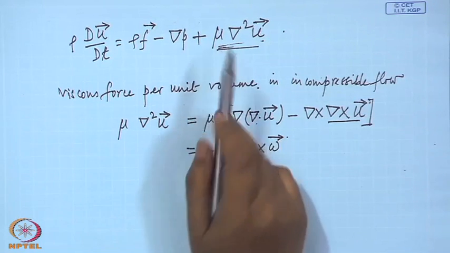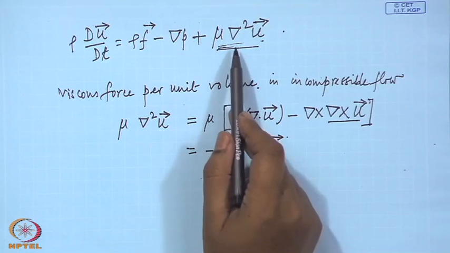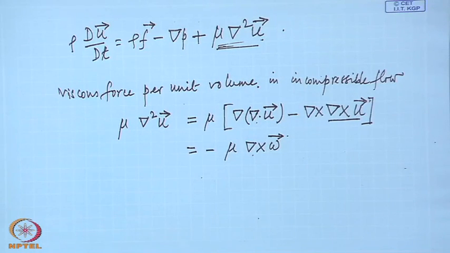Now, while deriving this equation, we have already seen that this term has come from viscous stresses, or shear stresses, and the shear stress has come only because of strain rate. Rather, we have shown there that the vorticity part has no contribution to the stress. Vorticity does not contribute anything to the shear stress, and shear stress is the reason for the viscous force which is given by the vorticity. How is it possible?